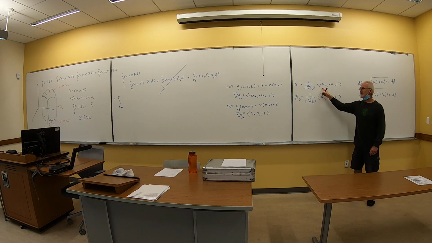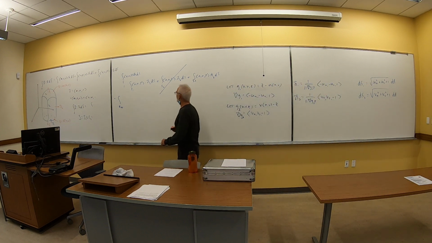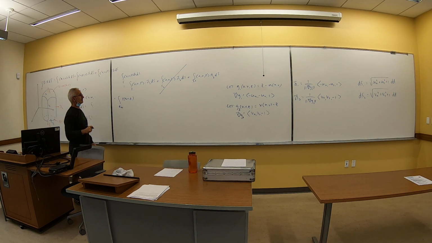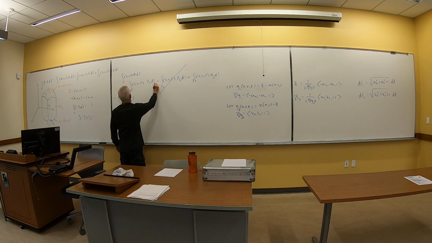Why? 0, 0, p. That's kind of hard to get wrong, isn't it? So what's the first one going to be? It's going to be just p, then what? I'm going to leave it as ds. That's still the generic ds. But isn't that going to be dA? Yeah.